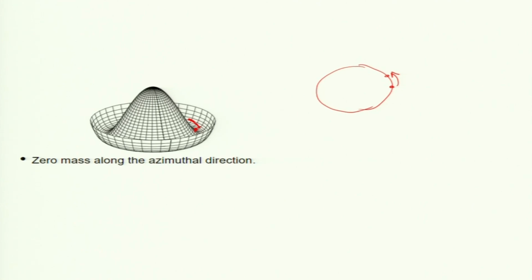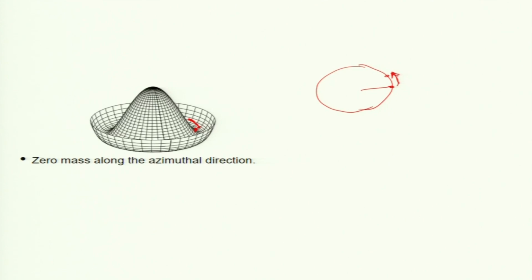No, this is the same potential. So, when I go along the azimuthal direction, there is no change in energy. You can equivalently write down the Lagrangian, by the way, in terms of the new variables.